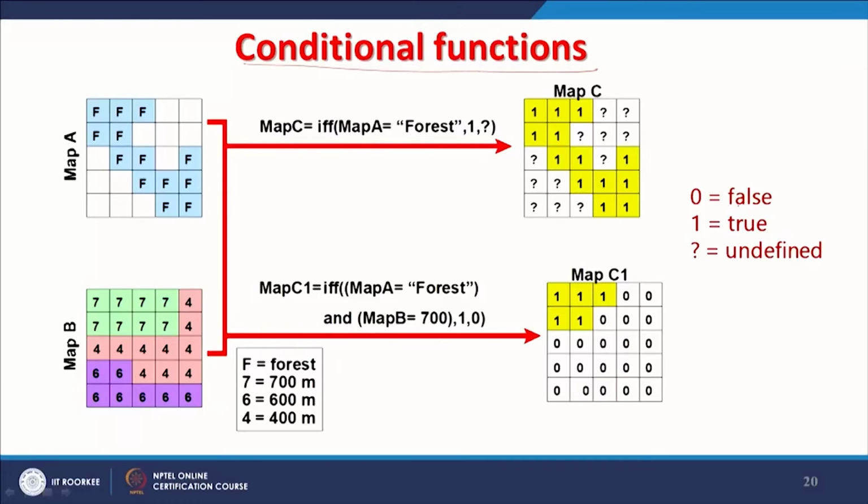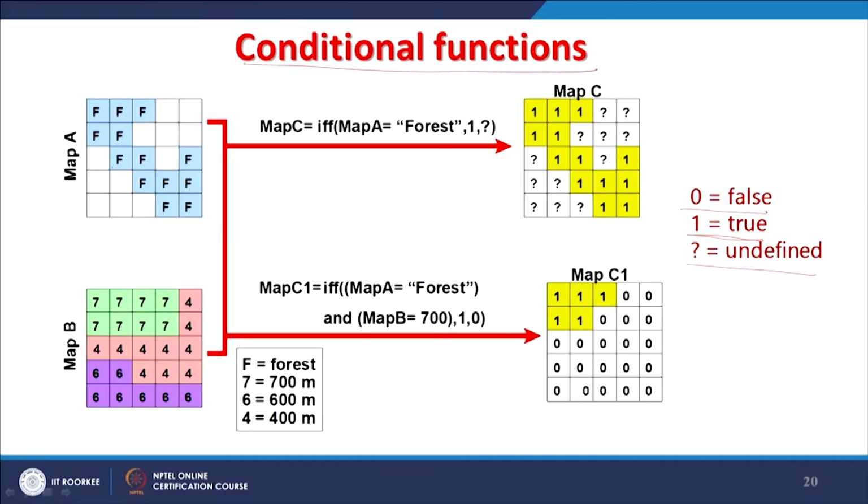Now, conditional functions, where if-else conditions come in. So, three things are possible. If false, then we will get the 0 value, where the output might be binary depending on the condition, and true is 1, and unidentified will have a question mark or no data.